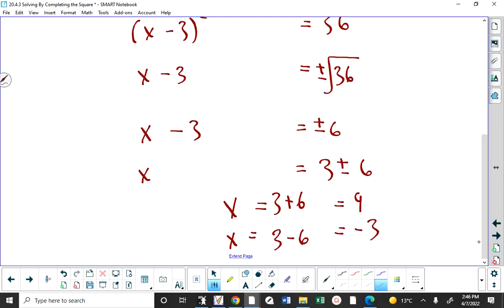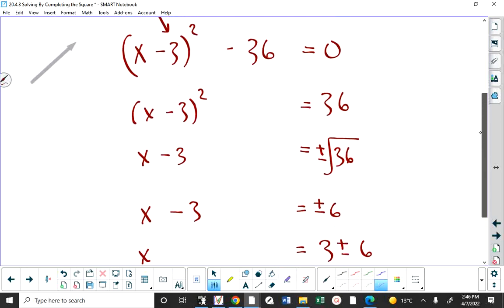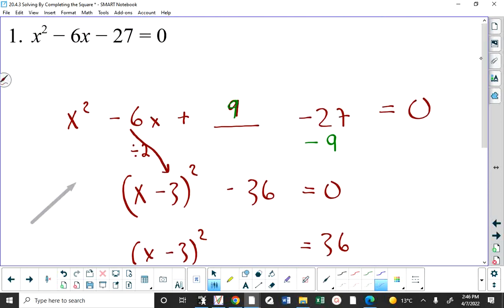But these are rational numbers. And I just said a minute ago, if it's rational, you can factor. We could have factored this. And many of you are looking up at the question now and going, well, of course we could have. Because this factors into x minus 9, x plus 3 equals 0. So x equals 9 and negative 3.